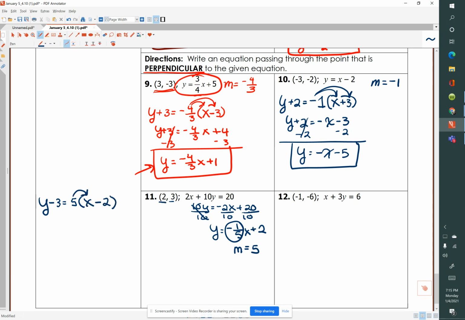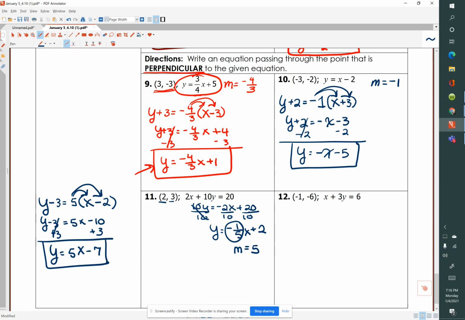And then we distribute. So we have y minus 3 equals 5x minus 10. And then we'll add 3 to both sides of the equation for a final answer of y equals 5x minus 7. And that's our final answer.